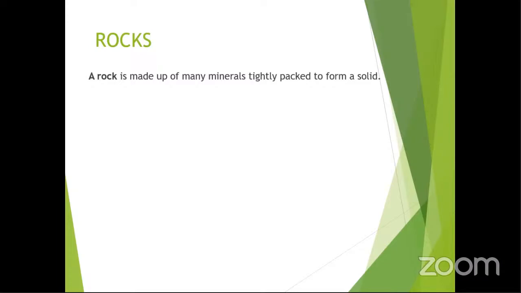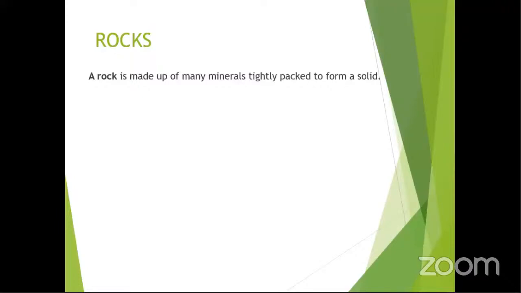So where do we find rocks from? Most of us live in mountainous places and we have seen rocks there. And there are those small hills that we may think sometimes that they are mountains, but they are just rocks. So these ones are just made up of minerals tightly packed together to form a solid, as simple as that.